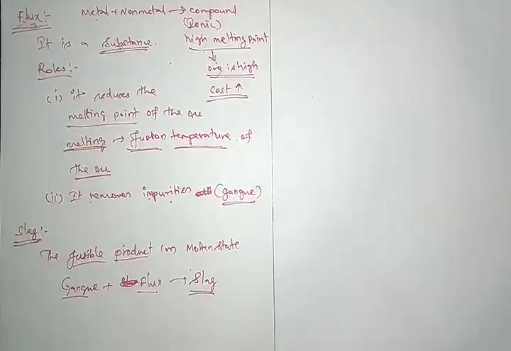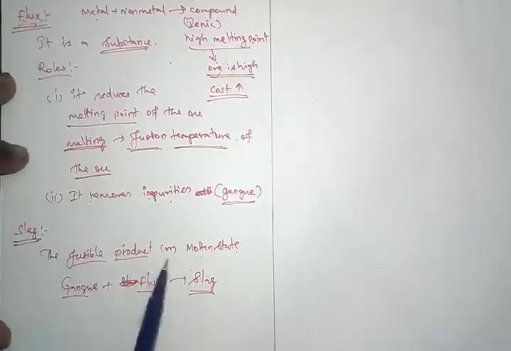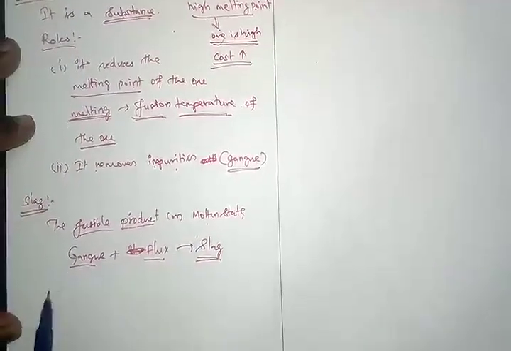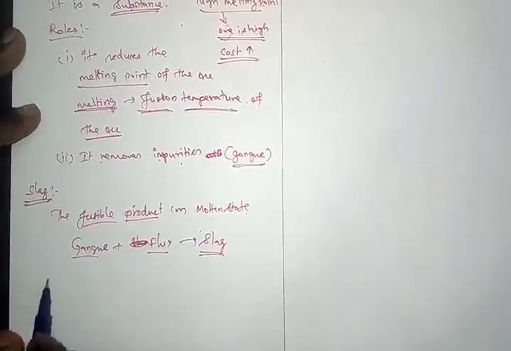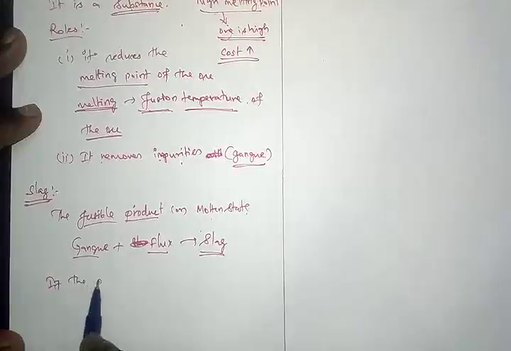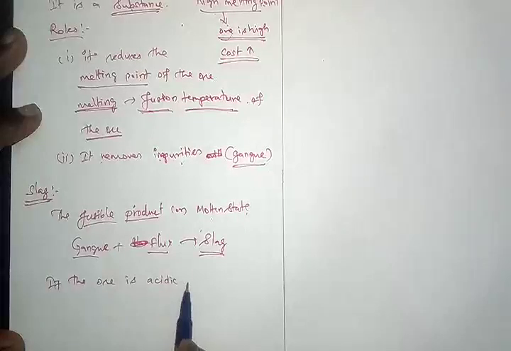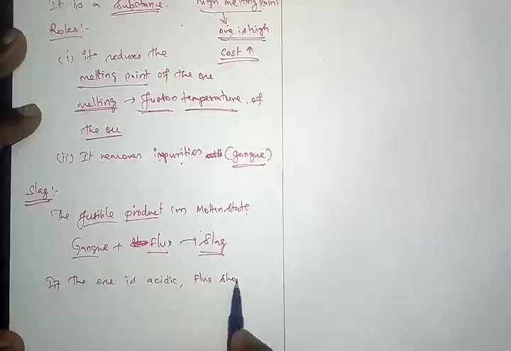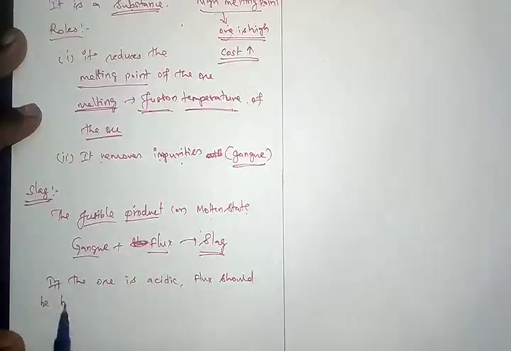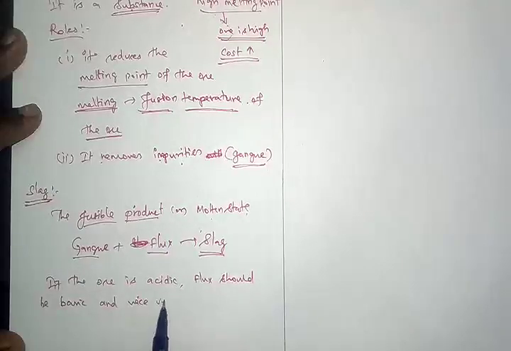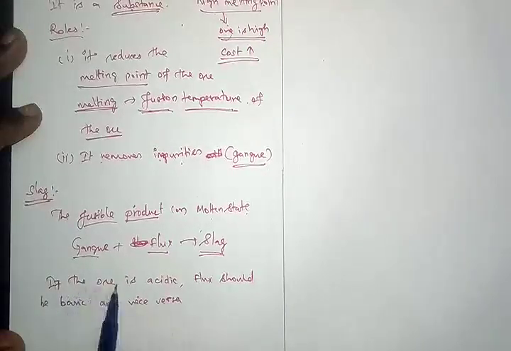Am I right? Now in the flux area, I should teach one more concept: if the ore is acidic in nature, the flux should be basic, and vice versa. That means if the ore is basic, the flux should be acidic.